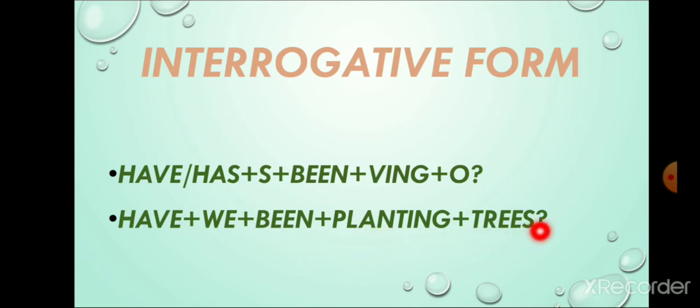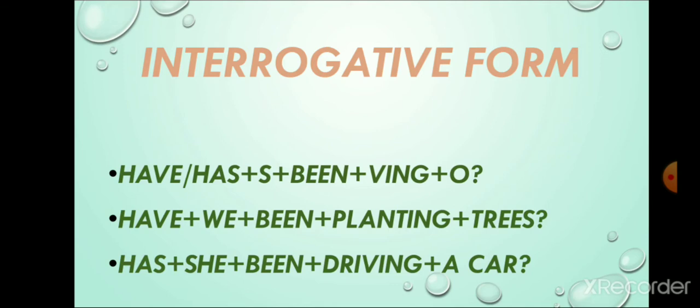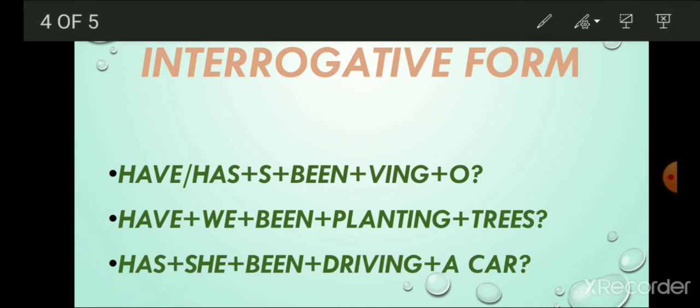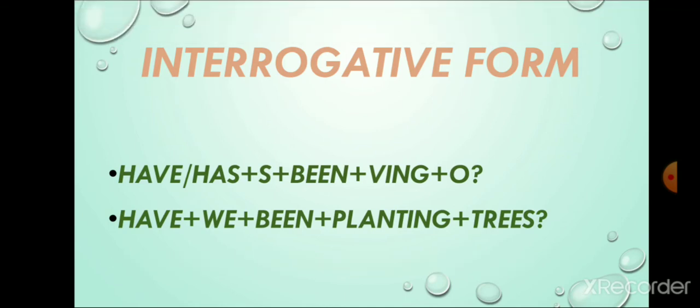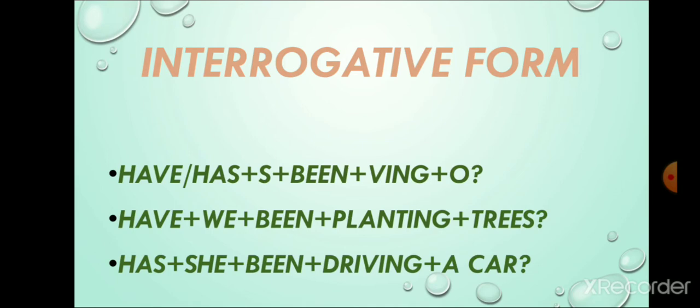In this way interrogative sentences we can prepare. Then here we use different helping verbs and different subjects, and differently we prepare it. For example, have plus she plus been plus driving plus a car means has she been driving a car? In this way, we use interrogative form in sentences.